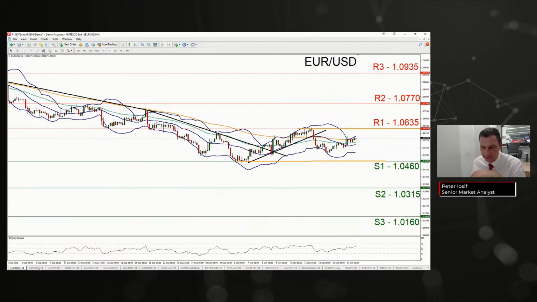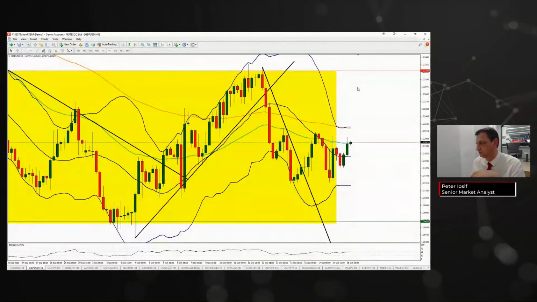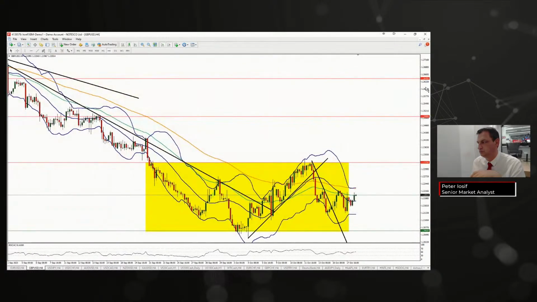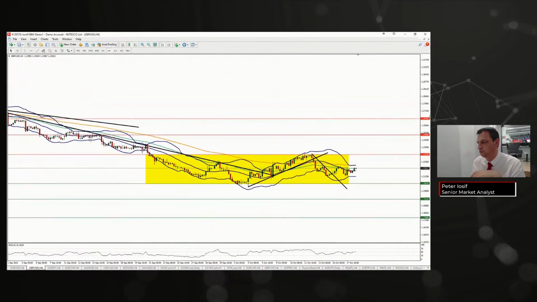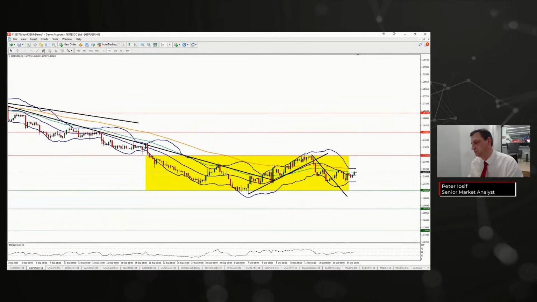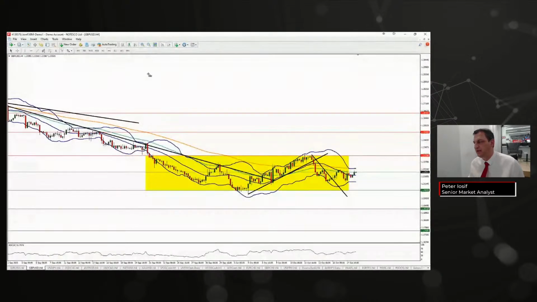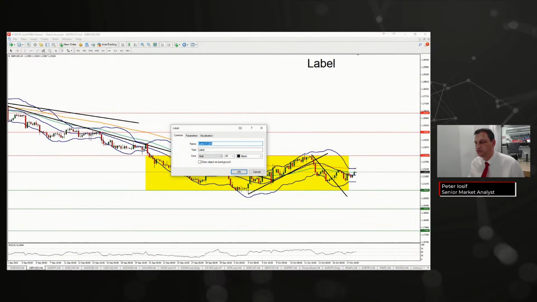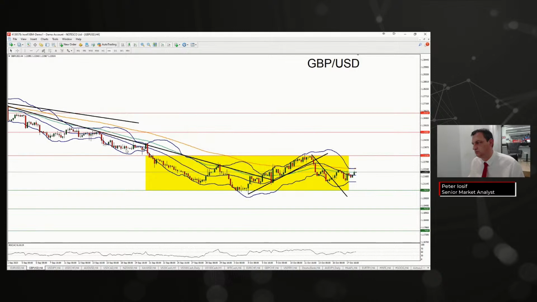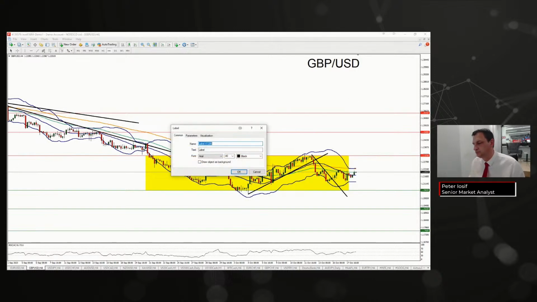Let's move now to cable. Okay, let's add some labels, starting with the trading instrument. Moving on to the resistance lines.